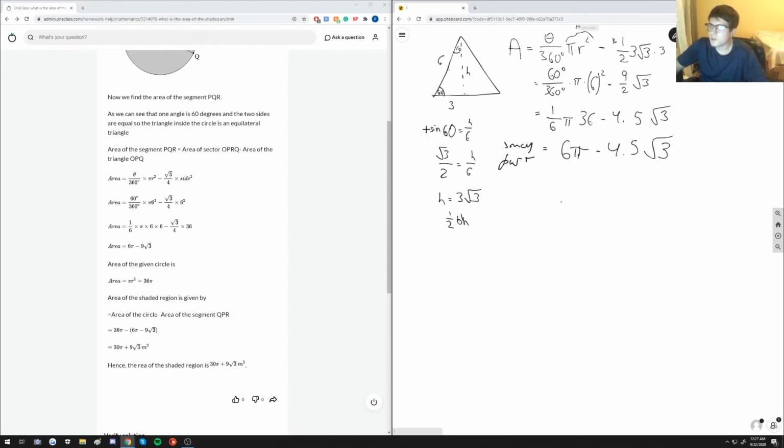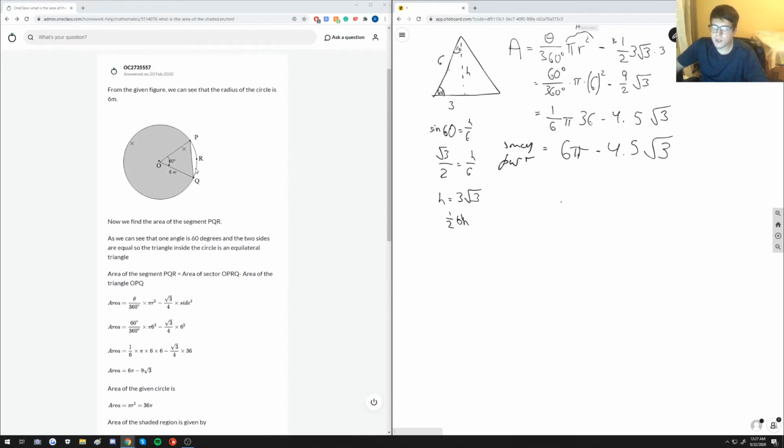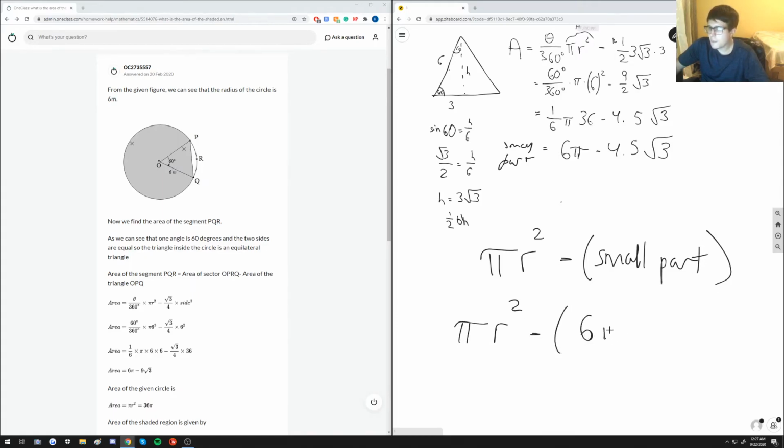So if this is the small part here, and we want to find the area of everything, we take the area of everything and subtract it from the small part. So the area of everything as we know it is pi r squared and subtracted from the small part. Small part in this case would be pi r squared minus 6 pi minus 4.5 root 3.